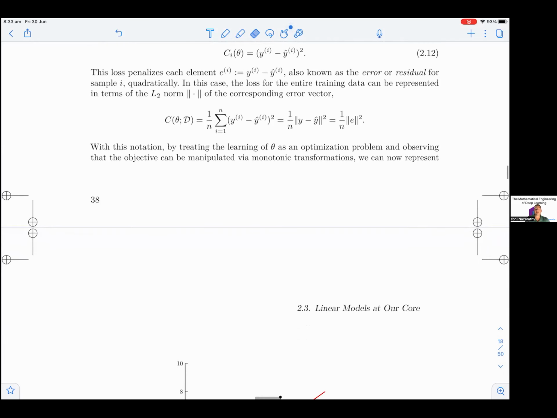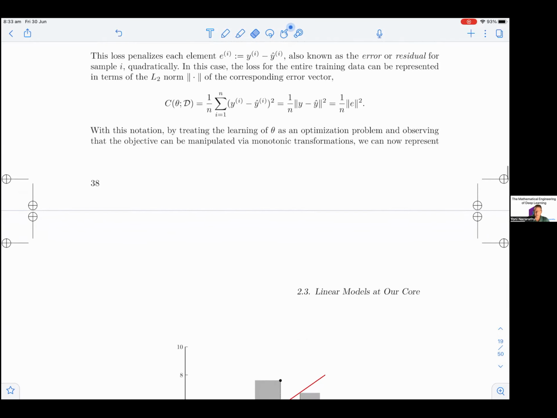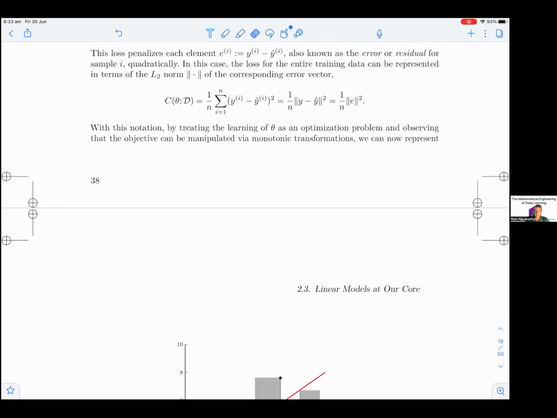This loss penalizes each element ei, which is defined as yi minus yi hat, also known as the error or the residual for sample i, quadratically. In this case, the loss for the entire training data can be represented in terms of the L2 norm of the corresponding error vector.